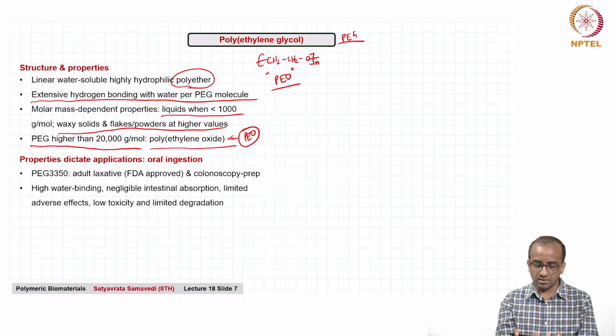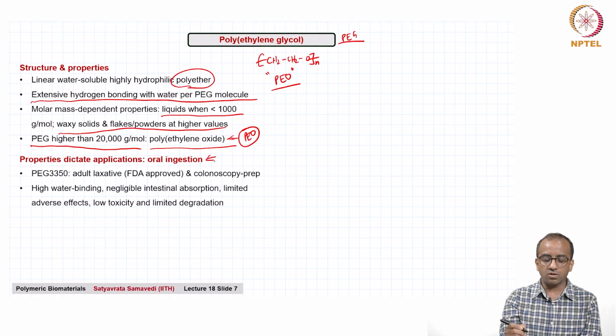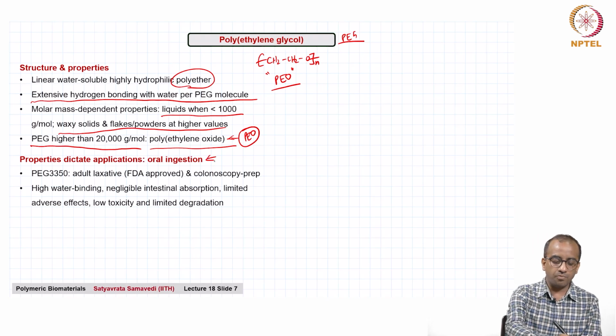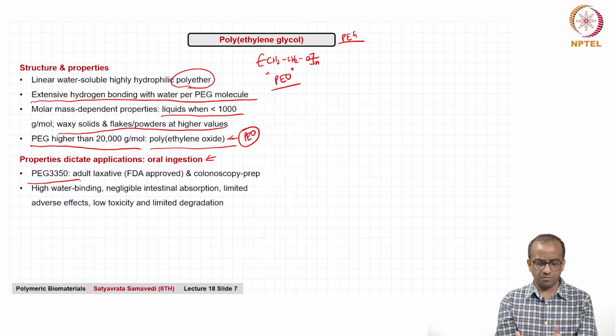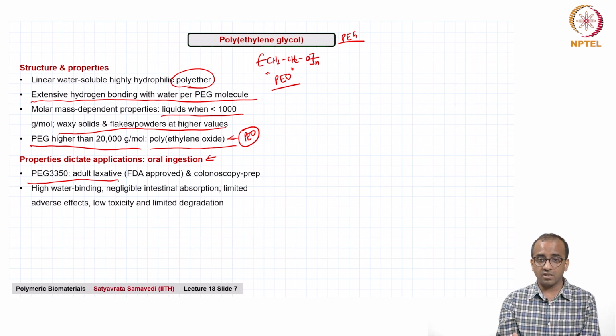Now, these specific sets of properties we have seen, particularly its hydrophilicity and its ability to extensively hydrogen bond, dictates its applications. One very popular clinical application is oral ingestion, where PEG 3350, which is simply the molar mass, has been FDA approved for use as laxatives in adults.